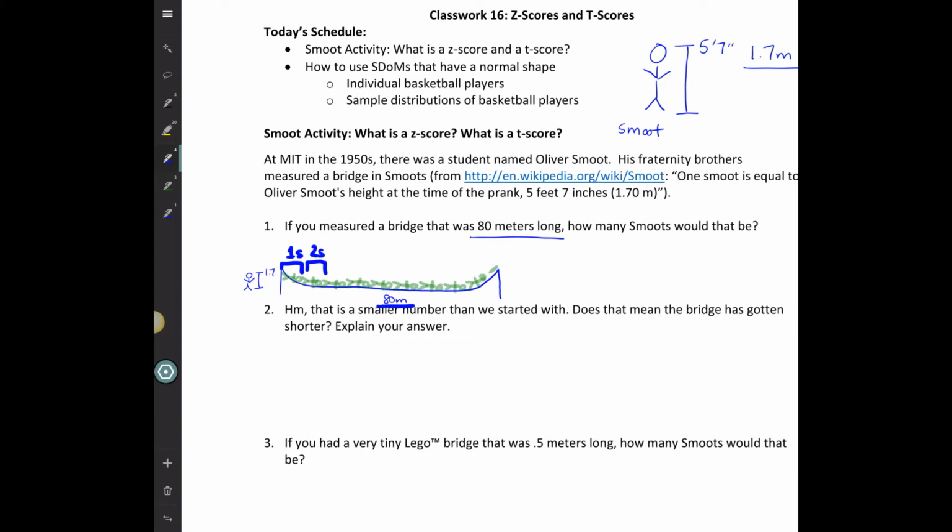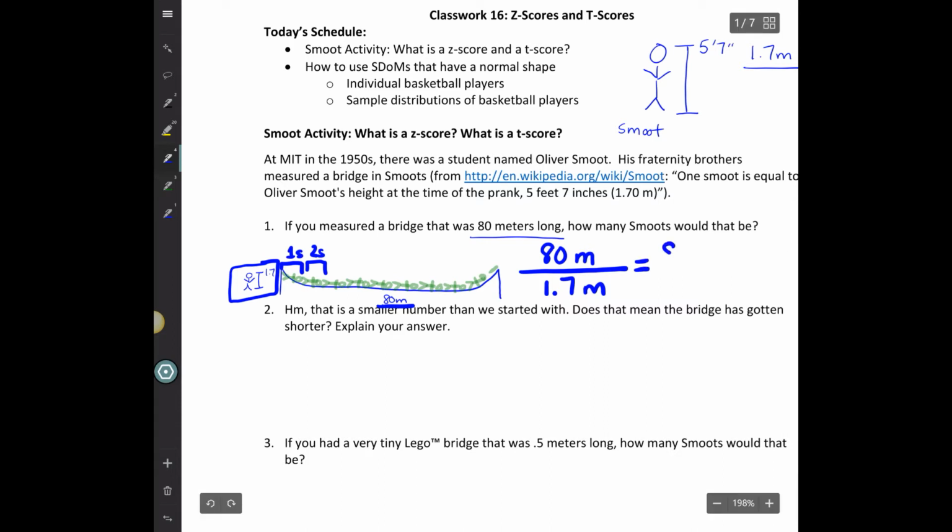So to figure this out, we would take the length of the bridge, 80 meters, and we want to divide by how big one smoot is, which is 1.7 meters. So I'm saying if I have a bridge that is 80 meters long and one smoot is equal to 1.7 meters, right? This is really what we're doing.